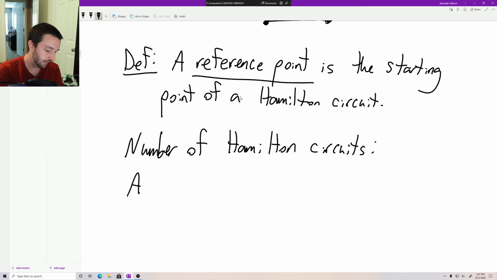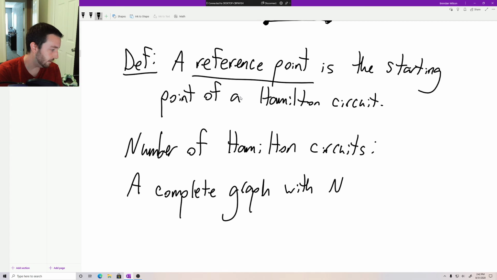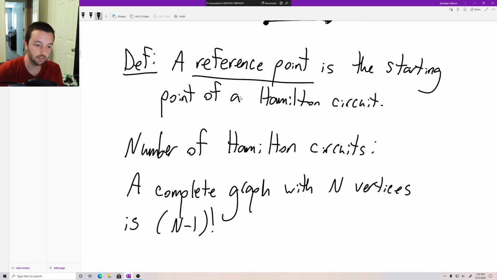Okay. A complete graph with n vertices is n minus 1 factorial. So this exclamation point is what's called a factorial, which I'll explain in a second once I finish this.